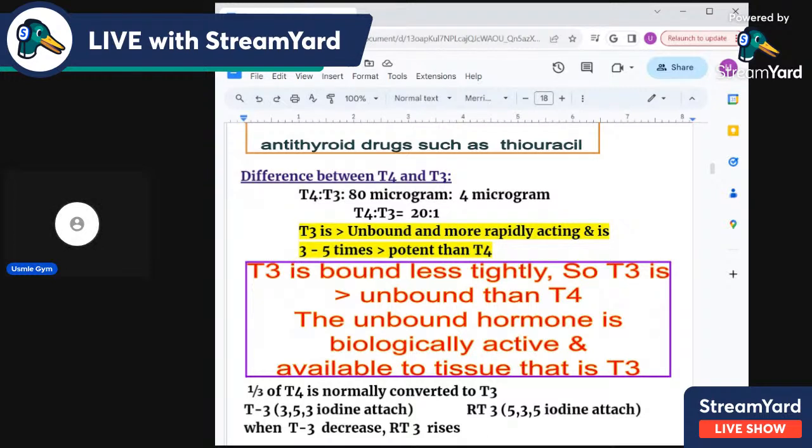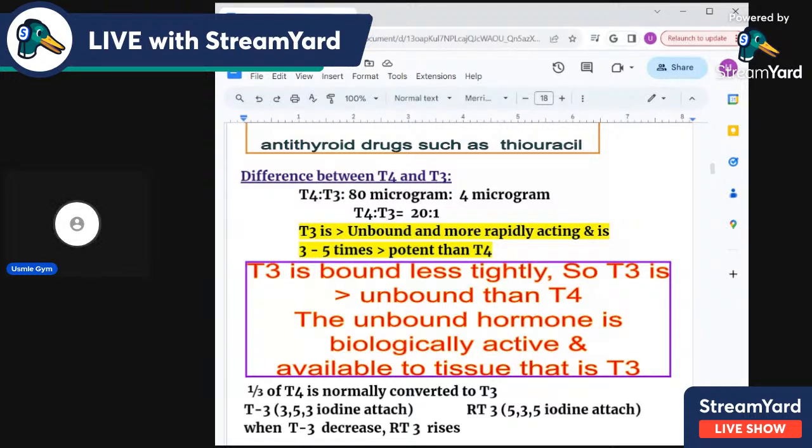T4 is produced more than T3, about 80 micrograms a day, whereas T3 is produced about 4 micrograms a day, a difference of 20 to 1. But T3 is more powerful; it is 4 times more potent than T4. T4 is converted to T3.